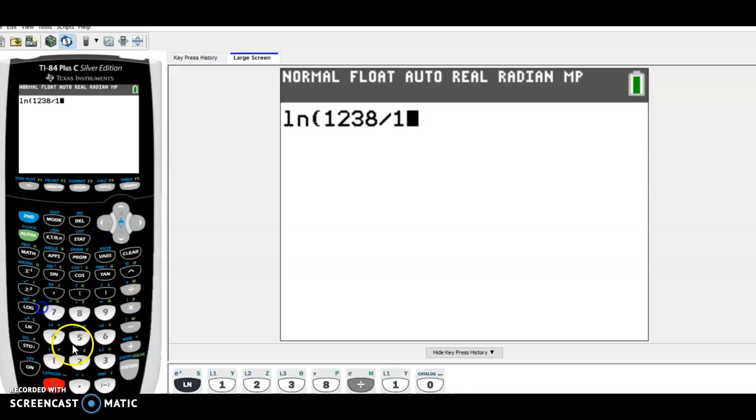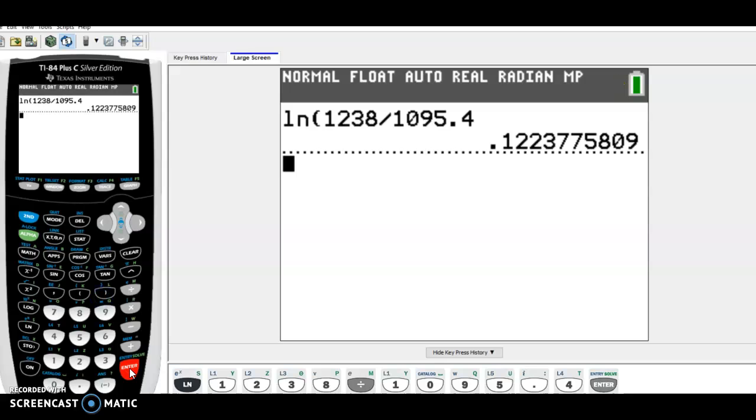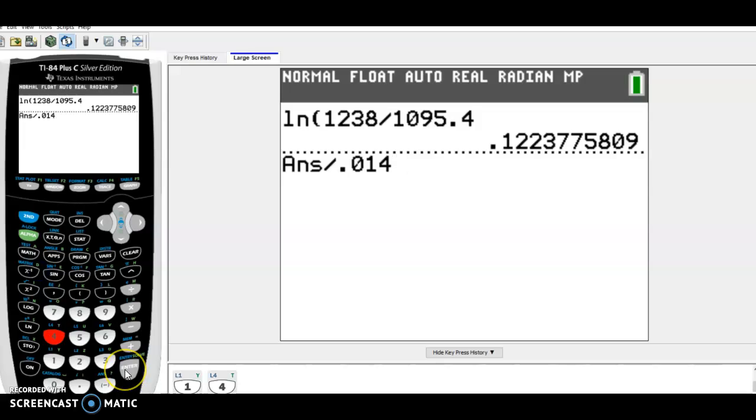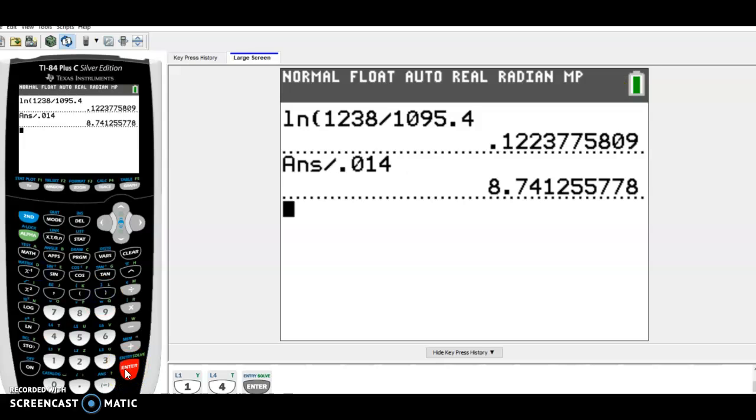So if we take the natural log of that fraction, 1238 divided by 1095.4, and you can stop there if you want to get the decimal instead of doing it all as one step. And then you can divide by the 0.014 and hit enter, and end up with 8.74-ish years.